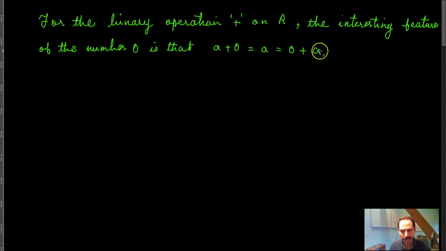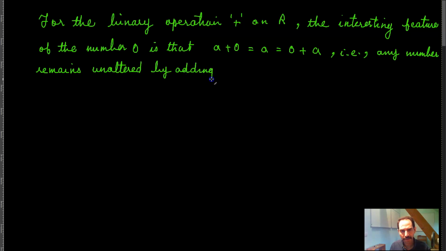So a plus 0 is the same thing as 0 plus a, which is equal to a, right? That is, any number remains unaltered by adding 0.